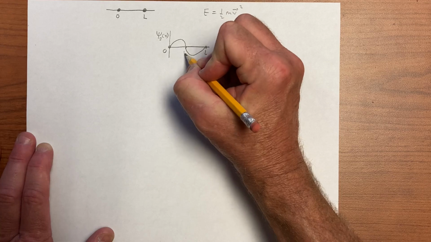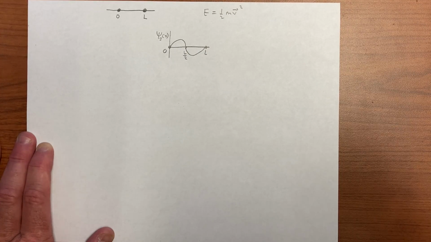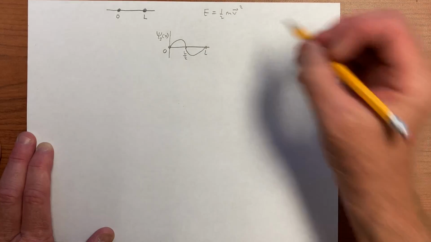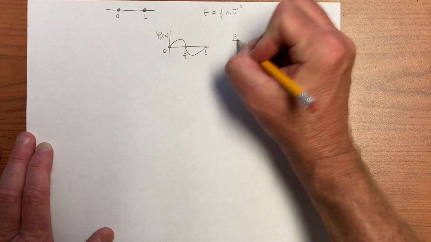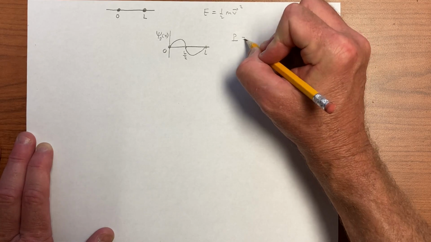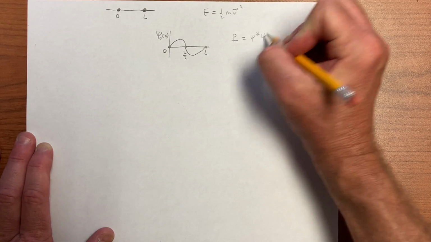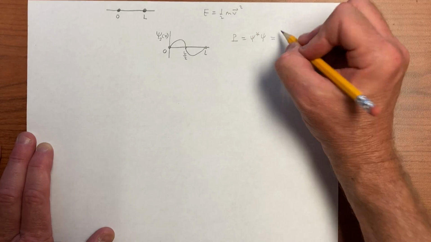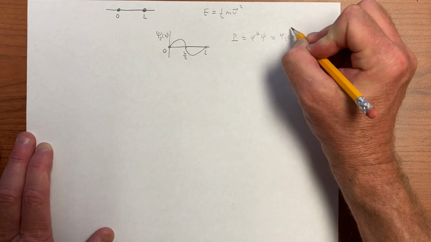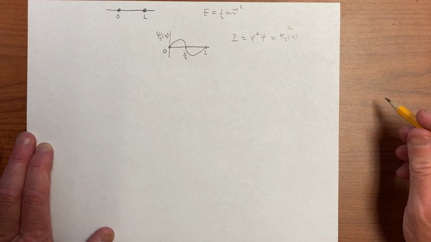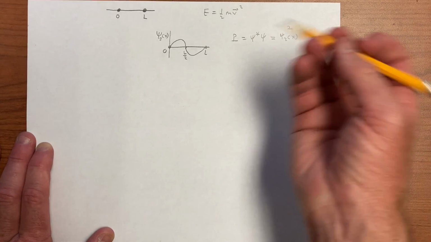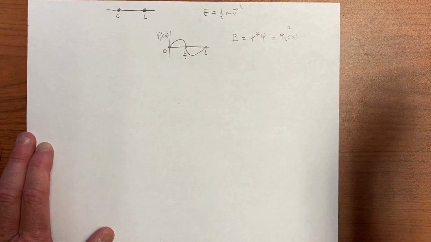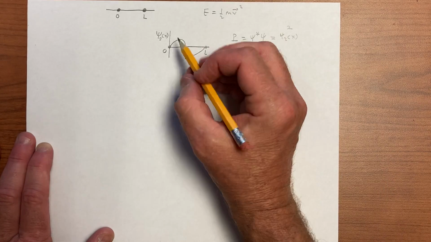So at L over 2, the function goes to 0, and so the probability, which is psi star psi, is just psi 2 of x squared, and of course that also goes to 0 at L over 2.